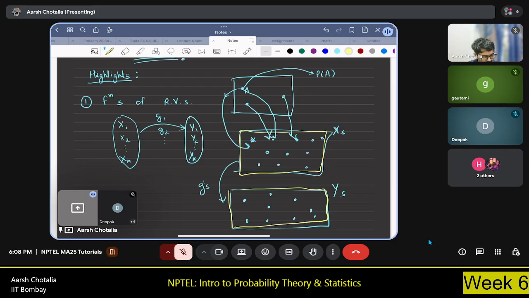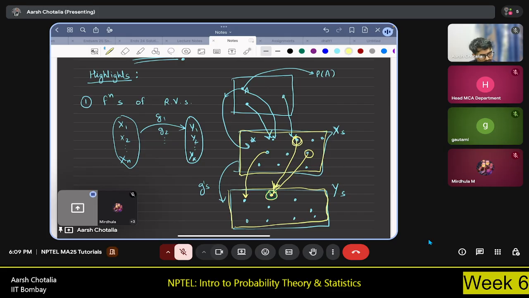So it's possible that this dot goes to this one, this goes to this one, and maybe this one also goes to the same one. Then if we ask what is the probability that Y is this yellow one, that is the same as the probability of this plus the probability of this.